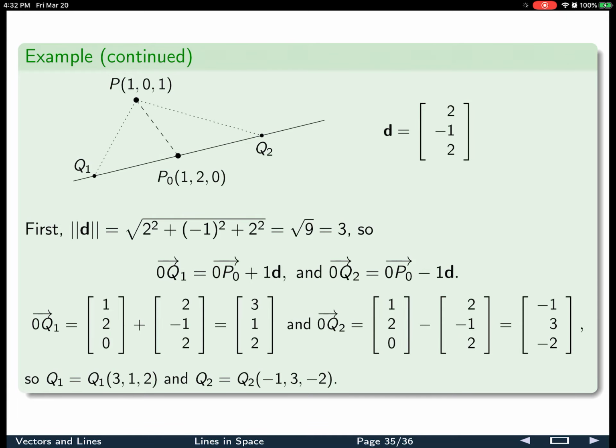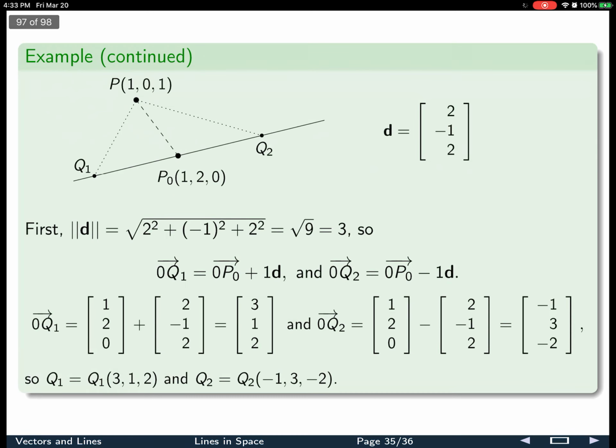It would have been a little bit tougher had the direction vector not already been of length 3. We would have had to scale the direction vector appropriately in order to get the right distance, but this time it just worked out so that we only needed to multiply it by 1.